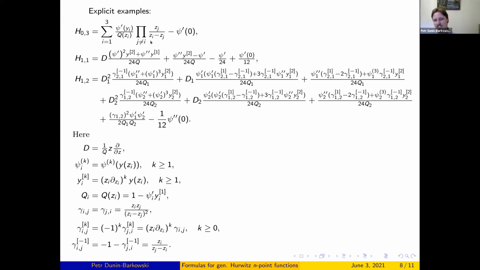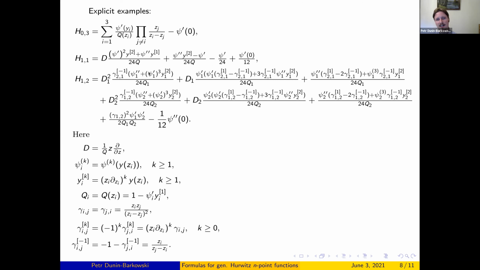So this is completely general. I have not specified psi and y; again, you can think of them as formal power series. These formulas were computed on Maxim Kazarian's Mathematica program, where our explicit formula is realized.